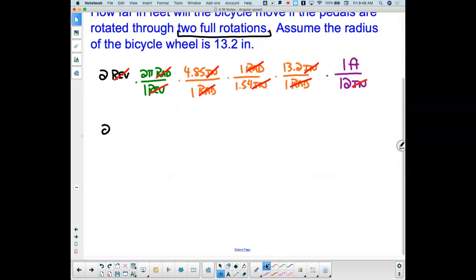So that's 2 times 2 pi times 4.85 times 13.2, all divided by 1.54 times 12.